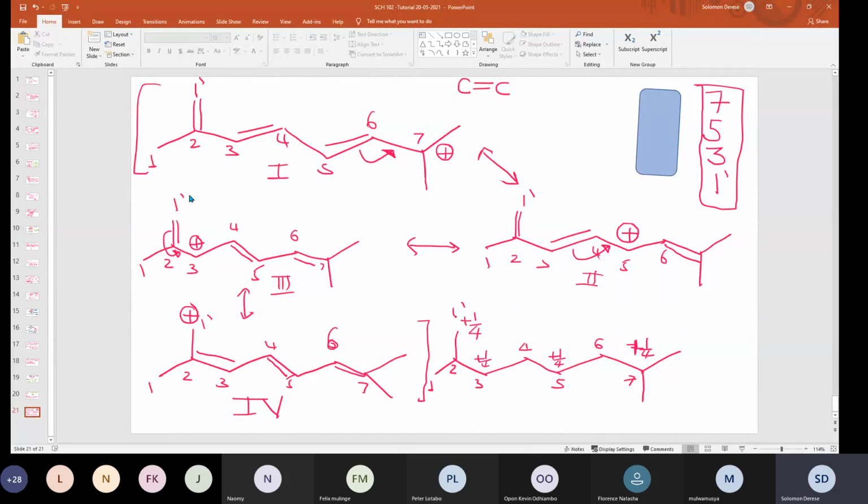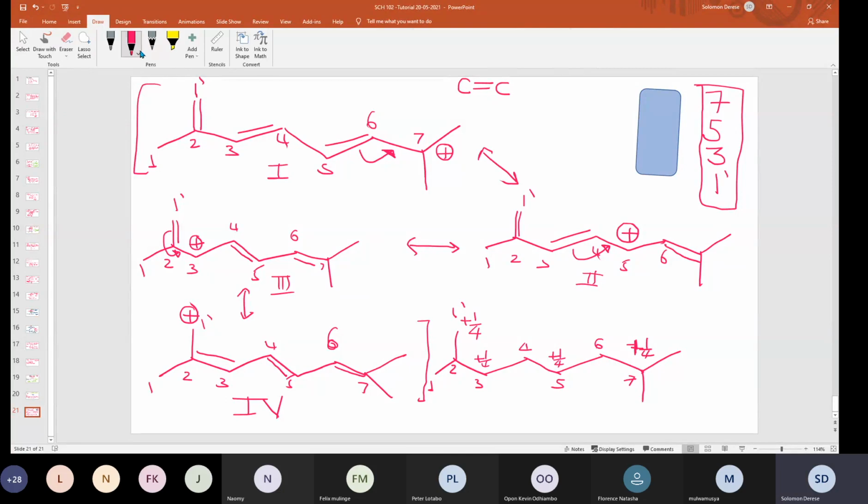Therefore, we should expect a double bond between 1' and 2'. So let me use a different color. Like this, we have a double, so you put a dashed line. Between 2 and 3, as you can see here, we have a double bond, dashed line. Between 3 and 4, in here, we have a double bond.